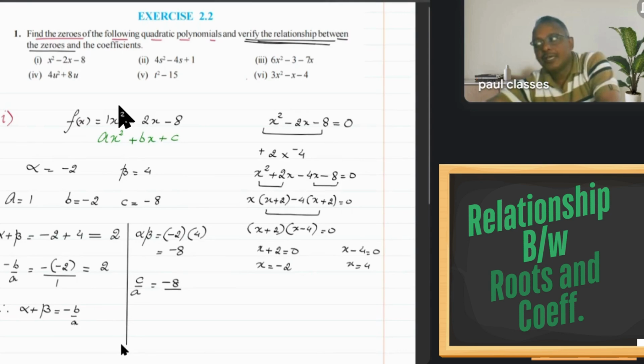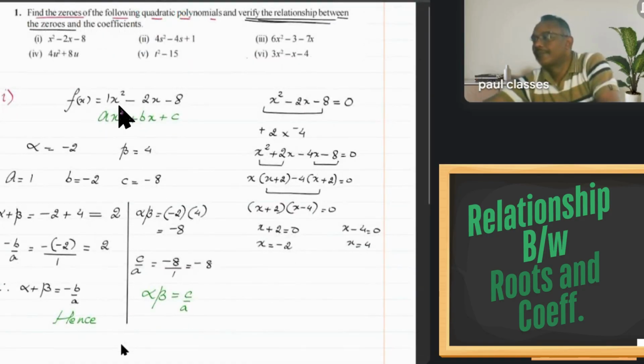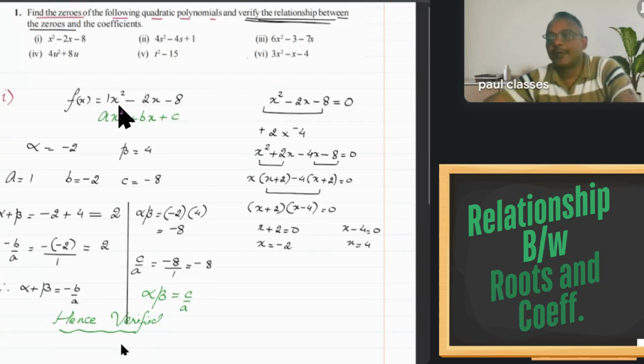What is A here? इनका प्रोडक्ट भी सेम हुआ, same हुआ. तो इससे क्या हुआ? अल्फा बीटा becomes C by A, and you will hence write down hence verified. You were asked to verify, you have verified.